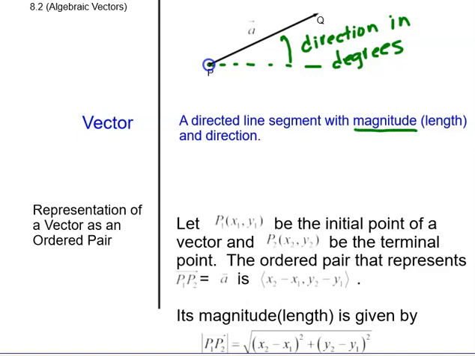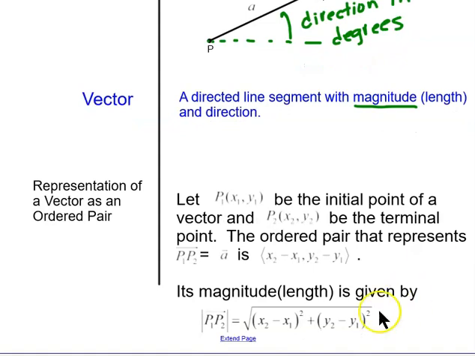So we've talked about that before. We're still going to talk about magnitude, but we're going to do it in a little bit different way. Also, we're going to talk about direction in a little bit different way as well. We're going to talk about it more in terms of adding and subtracting vectors and finding out where they end up.